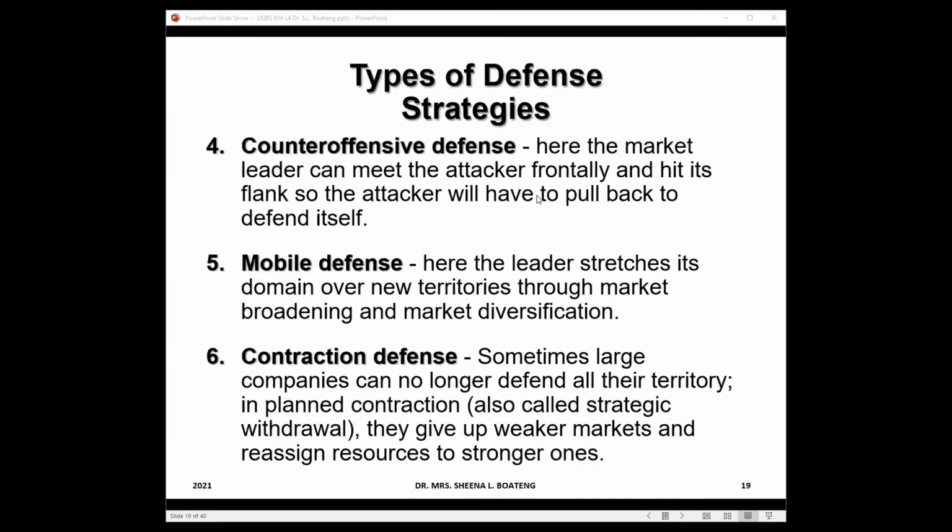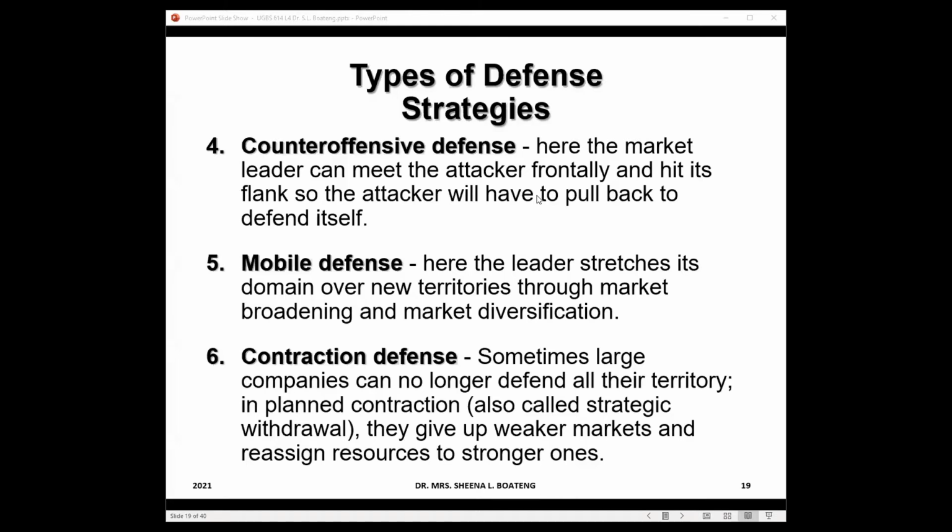However, beyond these 5 defense strategies we've talked about, there's another defense strategy, unlike the 5 we have already discussed, which is contraction defense. And this is where the firm realizes that they are no longer able to efficiently defend all the territory that they have.